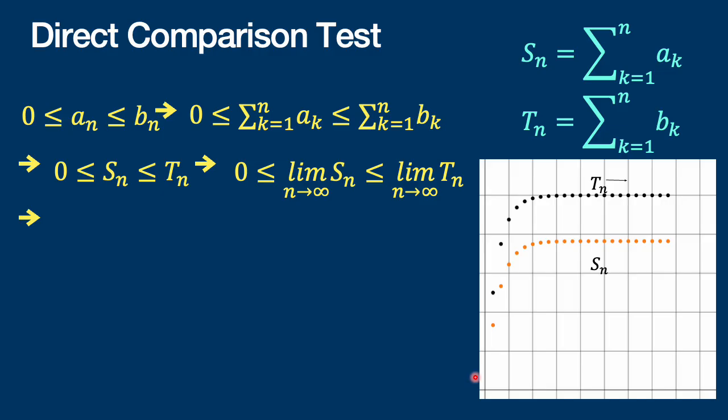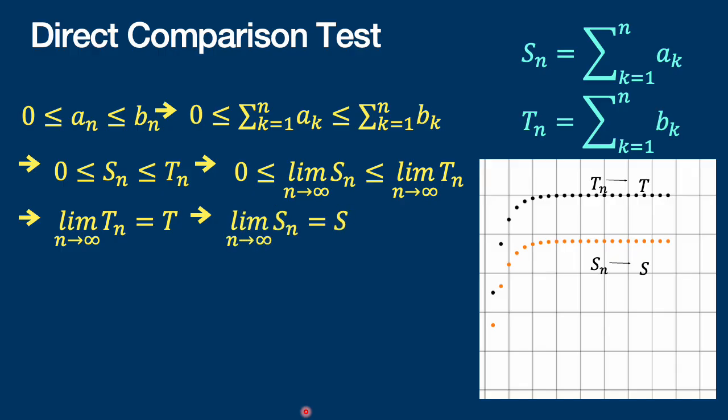What's going on here? The partial sum T_n approaches the T value, which means the partial sum S_n also approaches S, guys, okay? Which means the partial sum S_n goes to S. They keep the inequality.